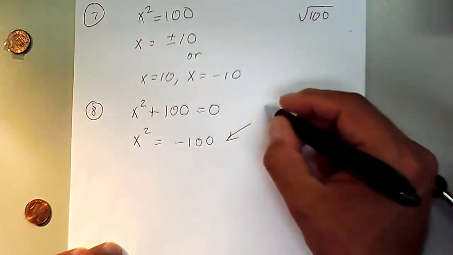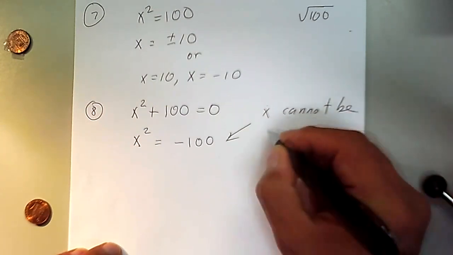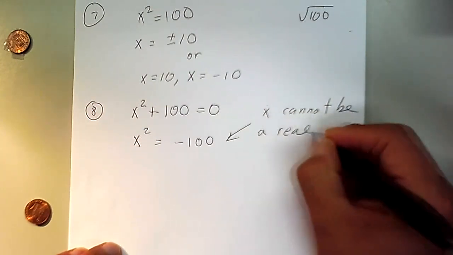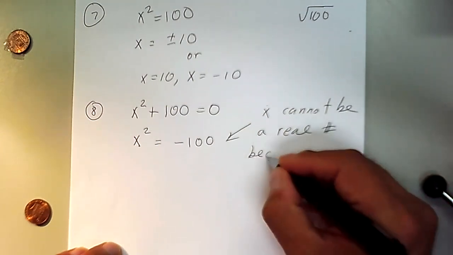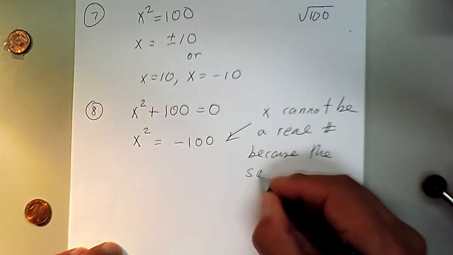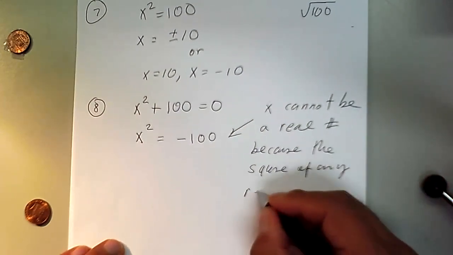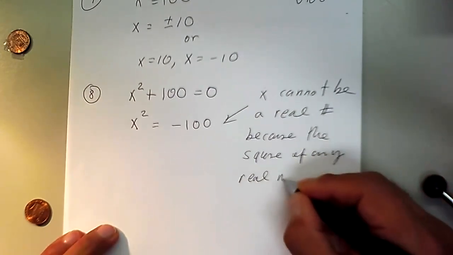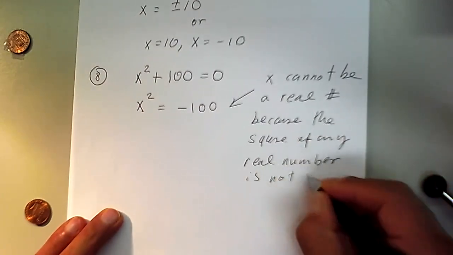So x cannot be a real number because the square of any real number is not negative.